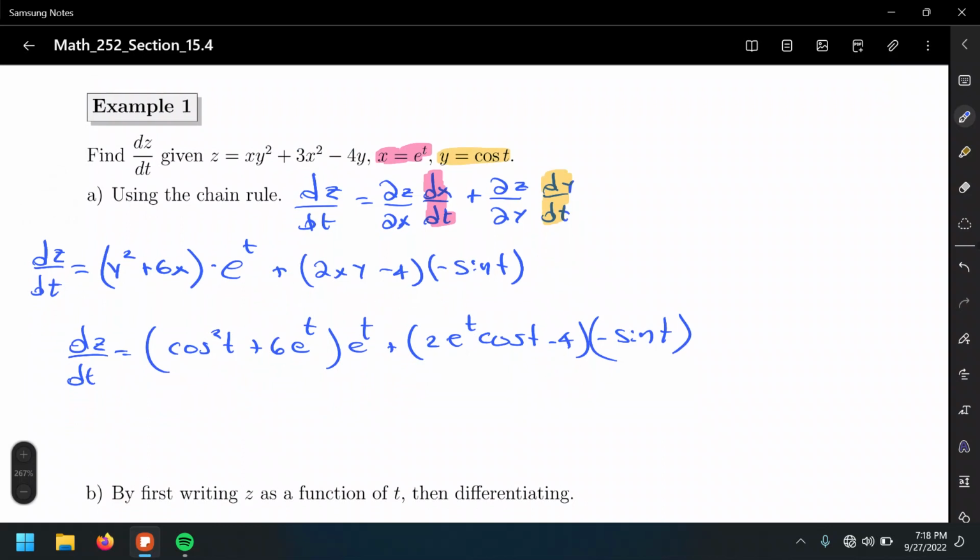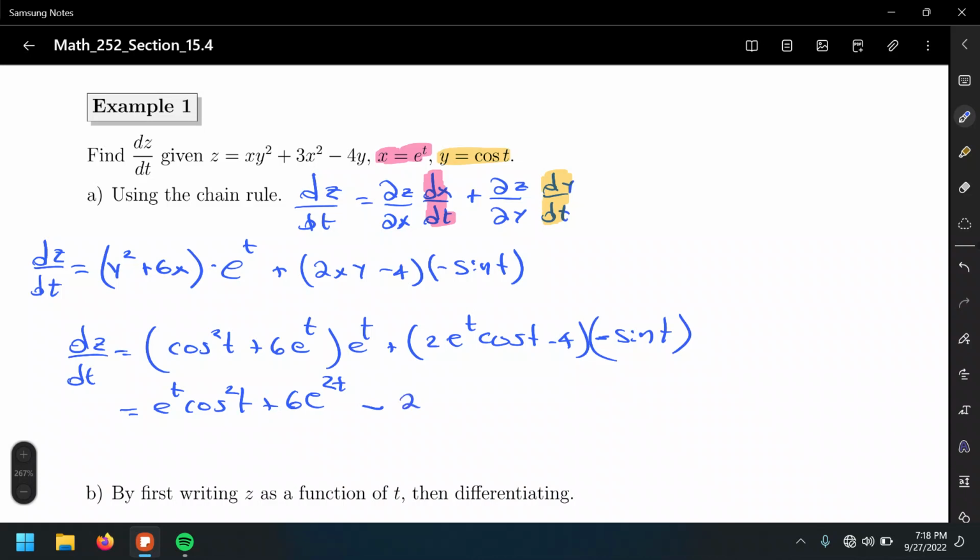So this should be e to the t cosine squared t plus 6 e to the 2t, right? Because we have the same base, we're multiplying them, we're supposed to add the t's. And then careful, because positive times the negative from the derivative of cosine, which is negative sine, is going to turn this into a negative.